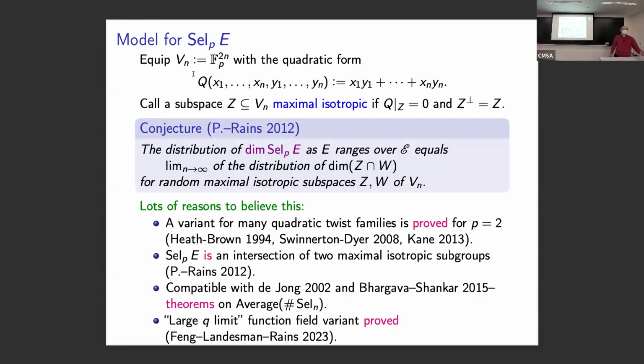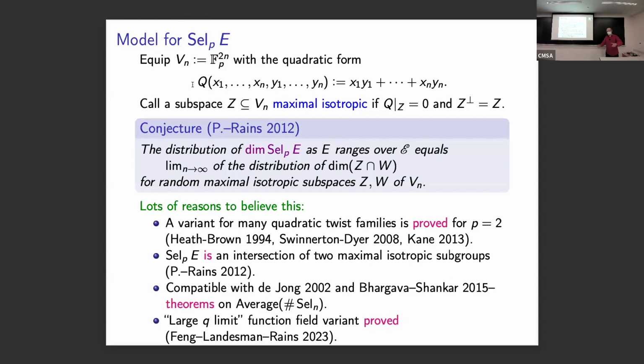As I said, it always has half the dimension. But the interesting question is what happens when you choose two maximal isotropic subspaces and intersect them, because the intersection can have variable dimension, somewhere between 0 and n. You think of the dimension of that intersection as a random variable, and it'll have some distribution. Then you can look at what happens to it as the ambient space gets bigger and bigger, as n goes to infinity.